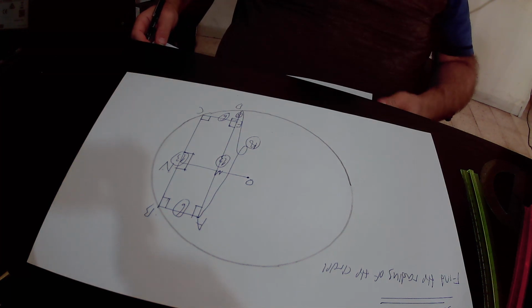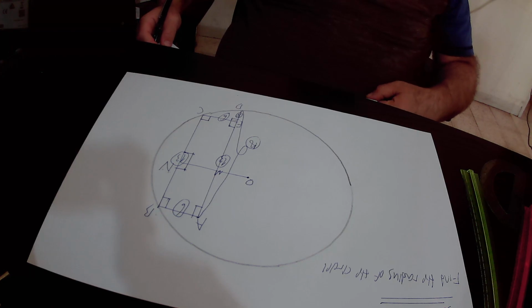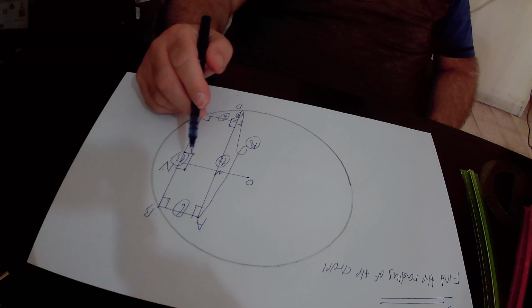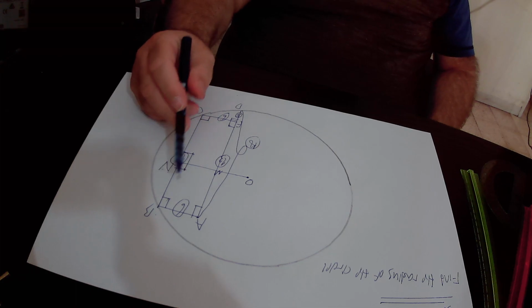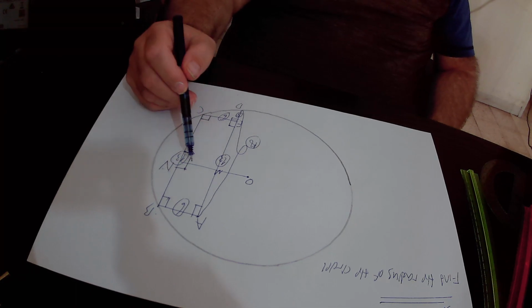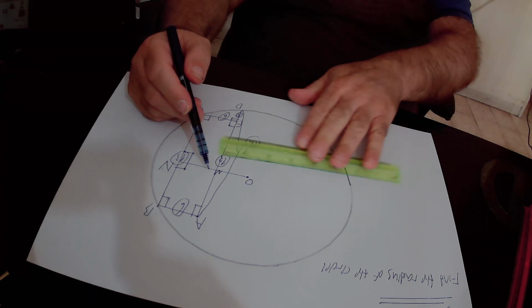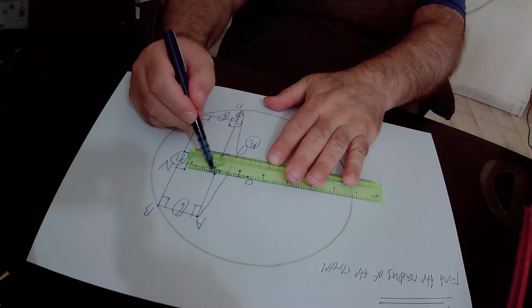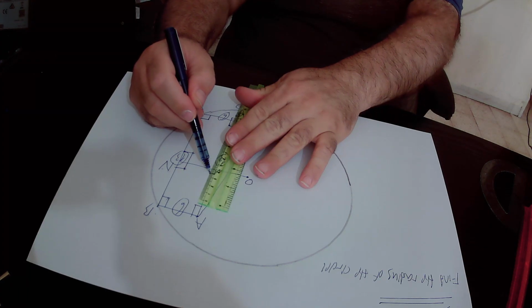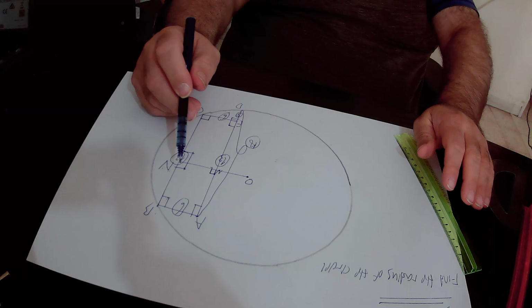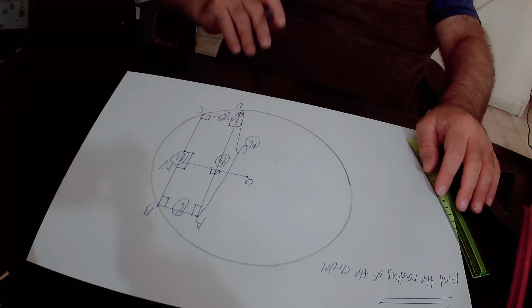So, in the next step, we will focus on quadrilateral ABMN. Inside quadrilateral ABMN, we have 1, 2, 3 right angles. Therefore, the fourth angle must also equal 90 degrees. And therefore, quadrilateral ABMN has 4 right angles, and therefore, quadrilateral ABMN is a rectangle.